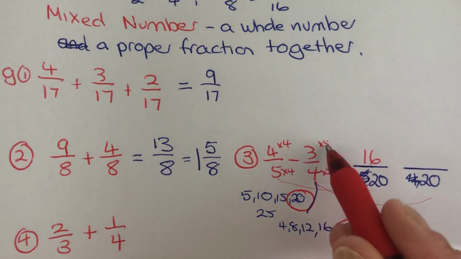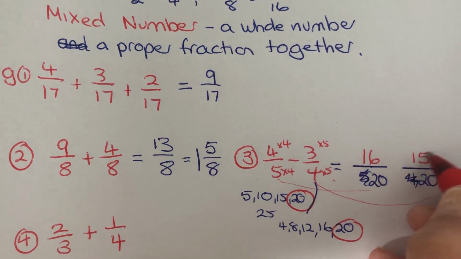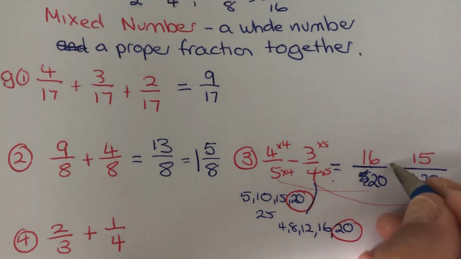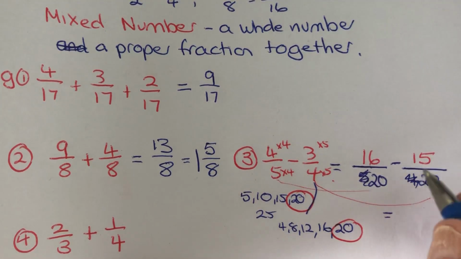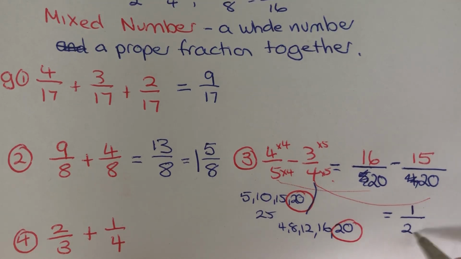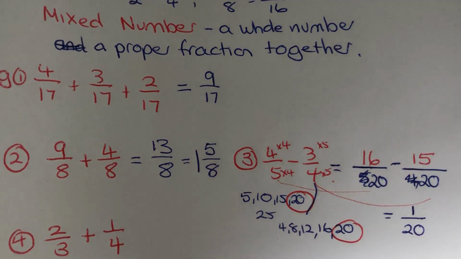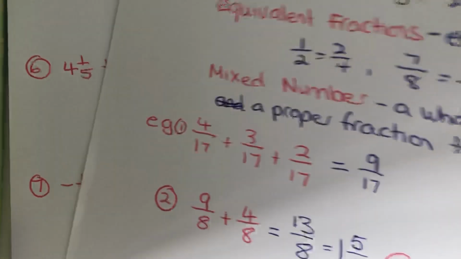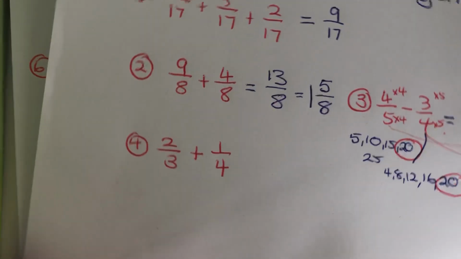And up here we go 3 times 5 is 15. Now, I haven't put my minus in. We say, what is 16 minus 15? 1. And it is over 20, just like we did in question 1 and 2 when the denominators were the same. Okay, well done.